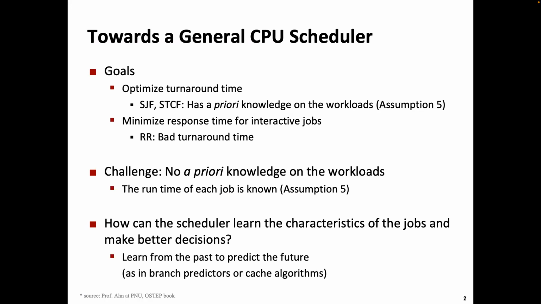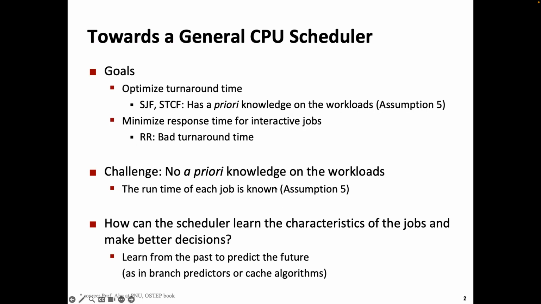Okay, so the goal toward a general scheduler is to optimize the turnaround time and also minimize the response time for interactive jobs. Okay, here, SJF and STCF have prior knowledge of the workload, assumption 5, but we don't know that assumption, okay?